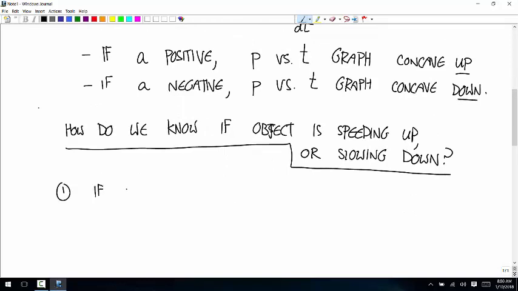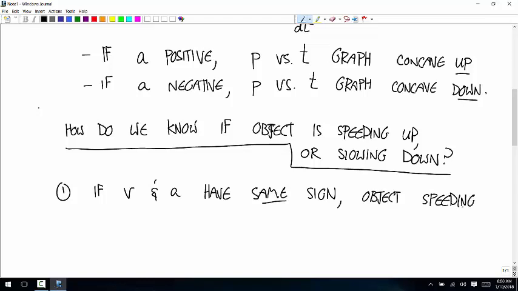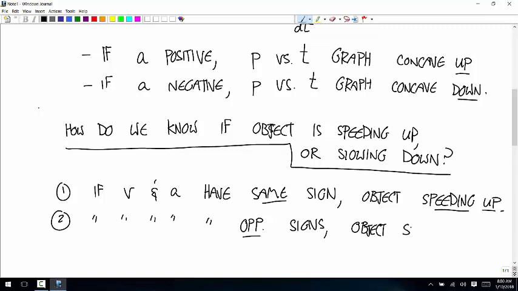So if the velocity and acceleration have the same sign, the object is speeding up. And if velocity and acceleration have opposite signs, then the object's slowing down.